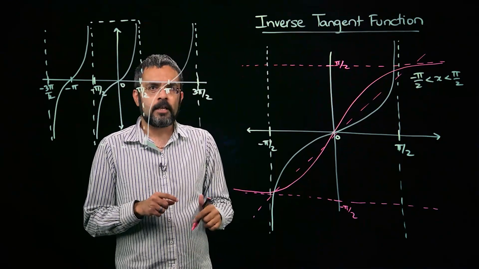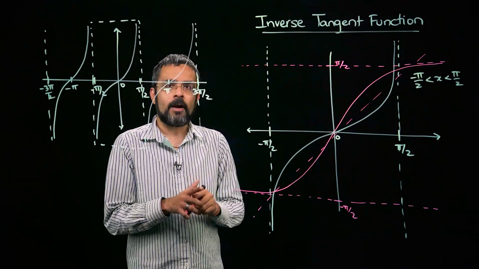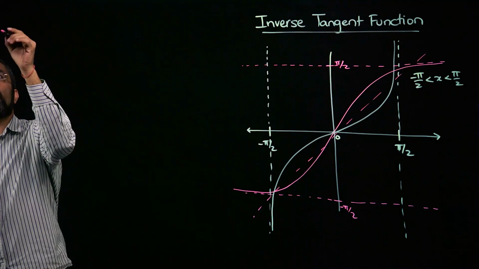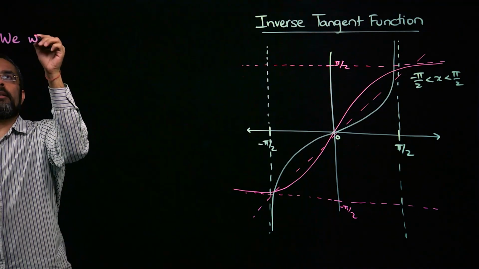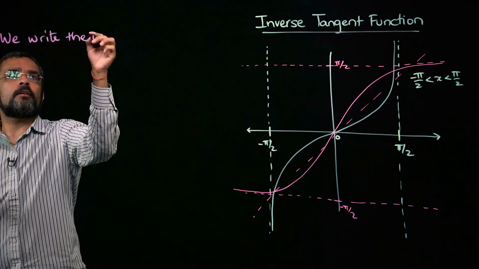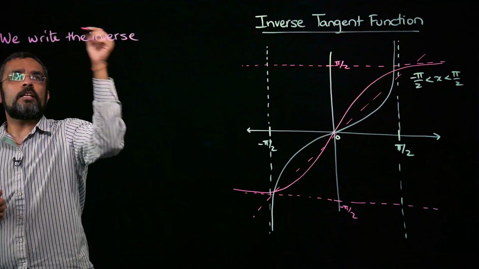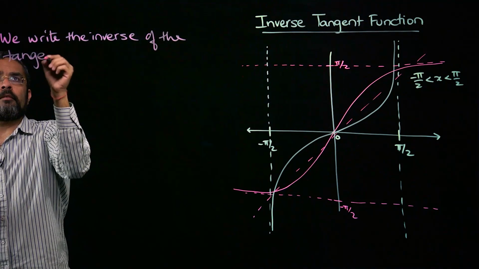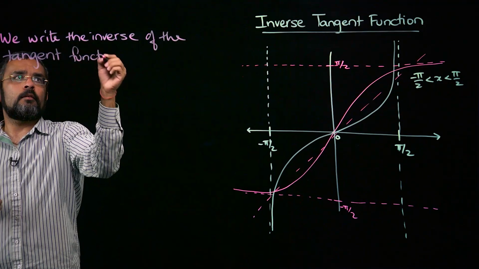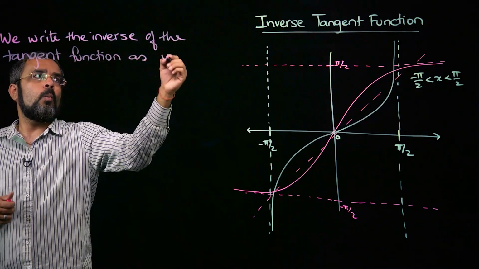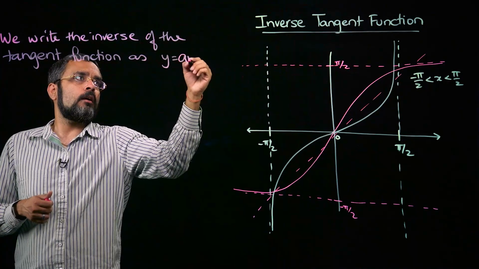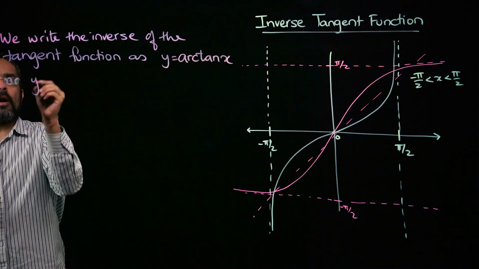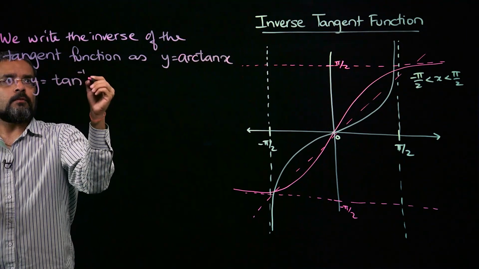Okay, so before we go ahead and take a look at this in Desmos, let's go ahead and formally define what this function is. So we denote the inverse of the tangent function as y equals arctan x, or y equals tan inverse x.